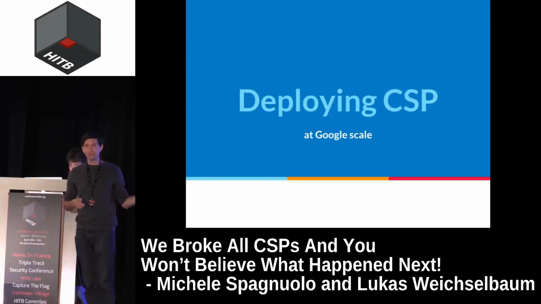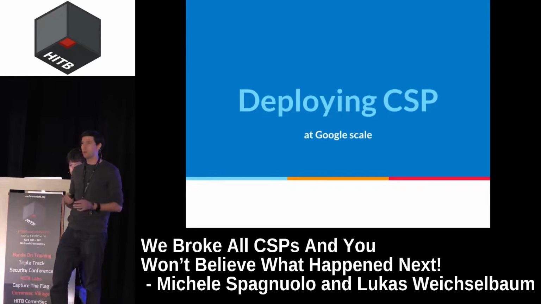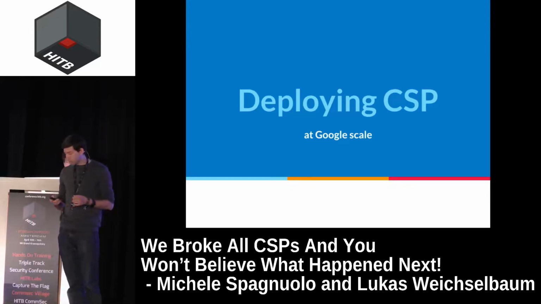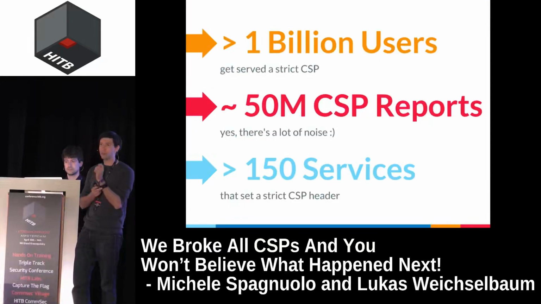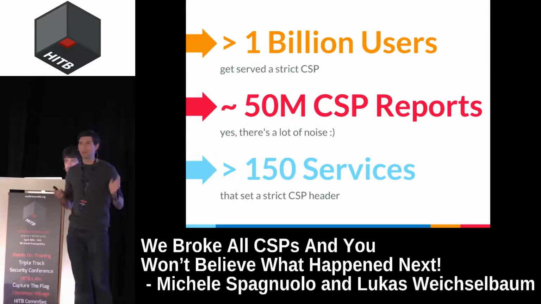So that was the recap. I want to share some of our experiences with deploying strict CSP at Google on many big products. It's actually really cool, because in the last 9 months, a team of about 4 full-time equivalent people were able to roll out a strict CSP to almost 1 billion users.